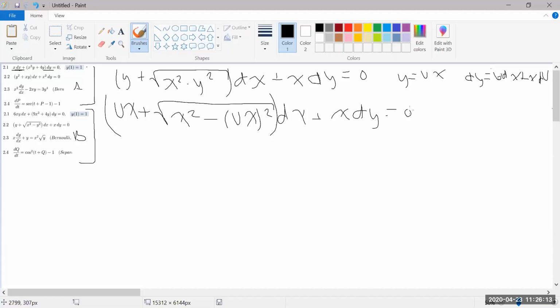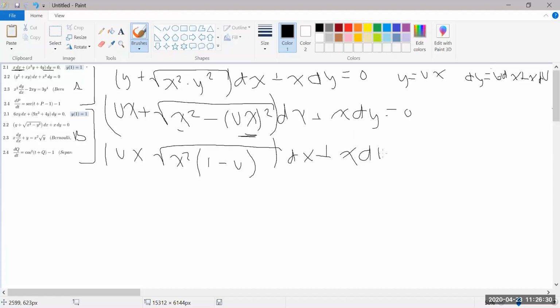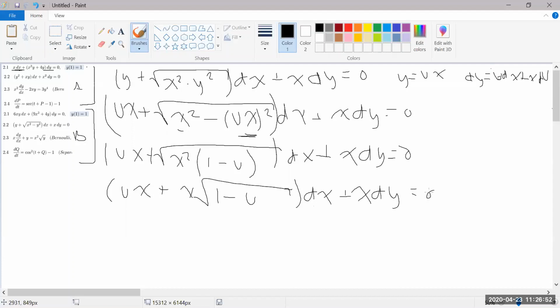Okay, so we have our u of x here. You can see you can pull an x squared out of both of these terms. So you'll get x squared times 1 minus u dx plus x dy equals 0. You have u of x, your x squared can come out, plus x times the square root of 1 minus u dx plus x dy equals 0.